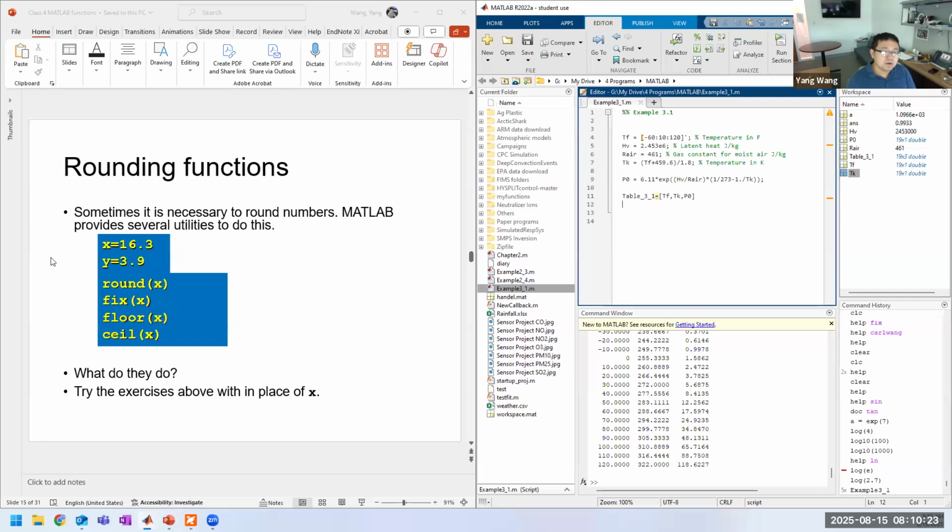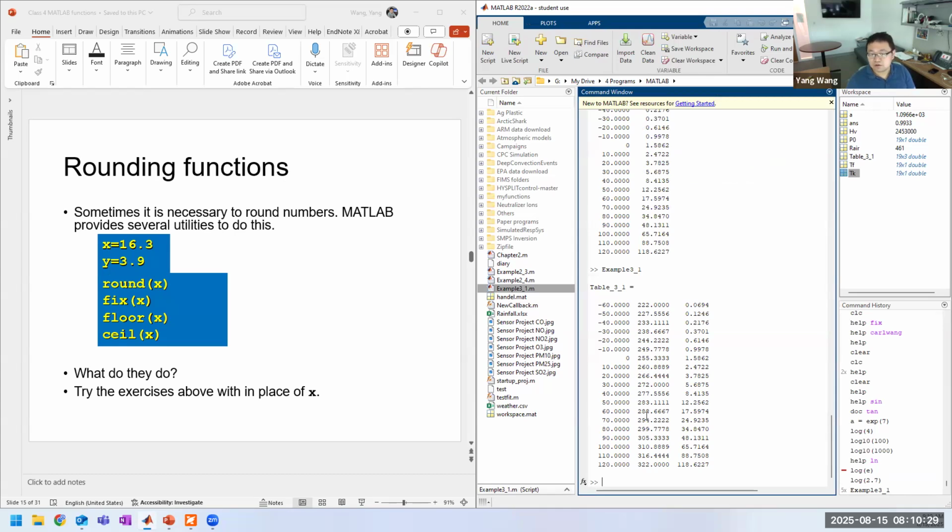Okay, then the next set of functions are the rounding functions. As we mentioned, they are just for rounding numbers into however many digits we want, right? The round is just a common round. It's going to round either up or down, depending on how big it is, right?